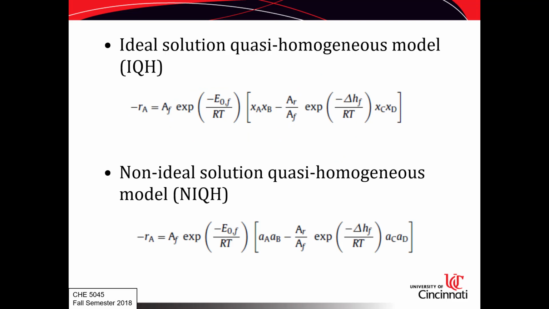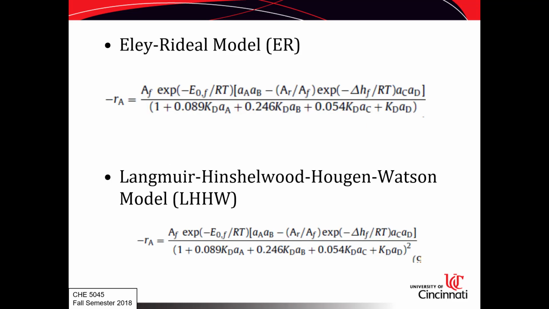There's also a non-ideal solution quasi-homogeneous model, and the only difference between this and the ideal solution is that we're using activities instead of using mole fractions. The authors of the paper also put this into the LHHW ideal form, and again we have the forward rate constant, we have a reverse rate constant, and we have all these denominator terms that are ratioed to the K value for component D, which in this case is water.